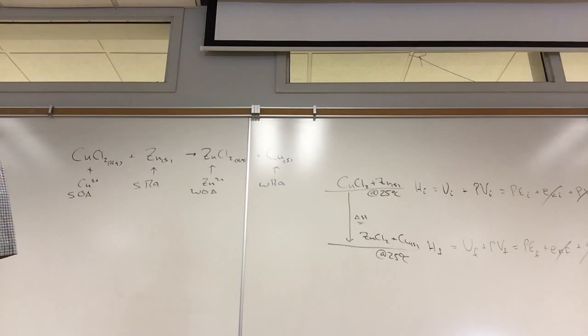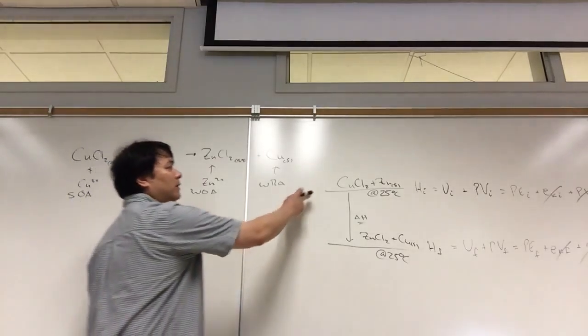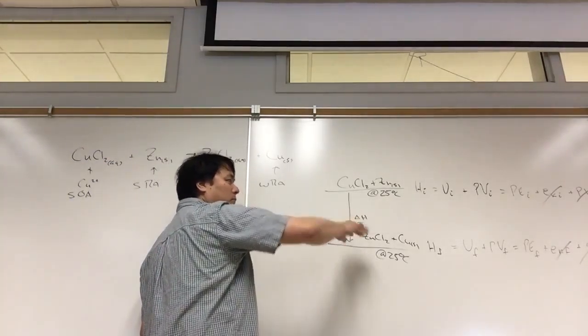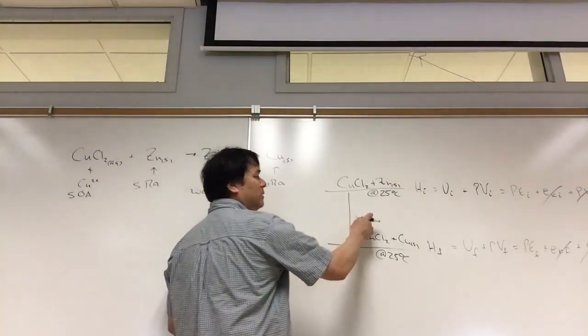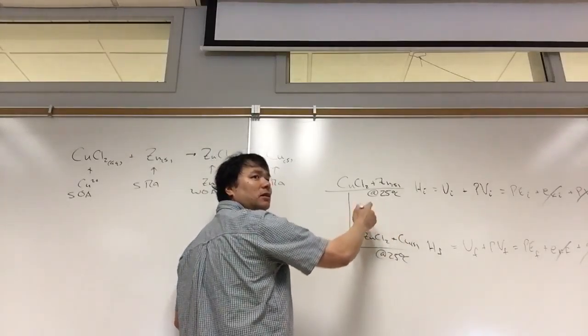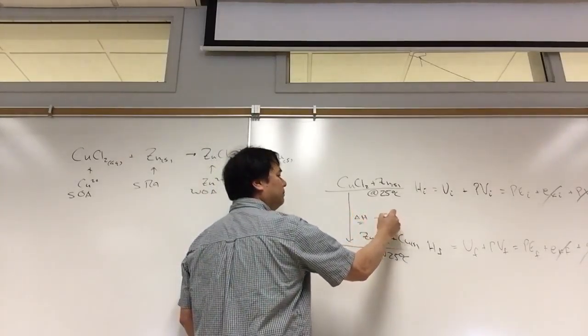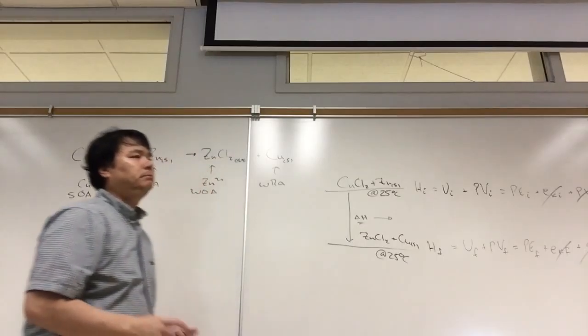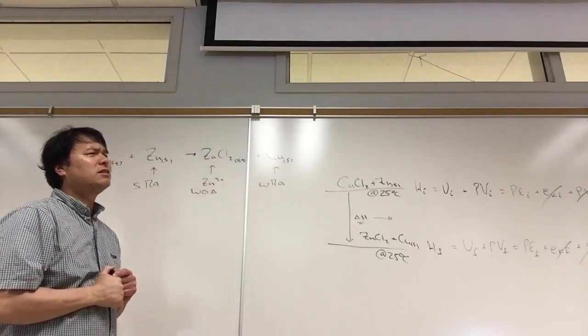Well, potential energy is a form of energy, and this potential energy can be converted, basically this is going to be energy that's going to be lost into the surroundings, right? Going to be lost into the surroundings.